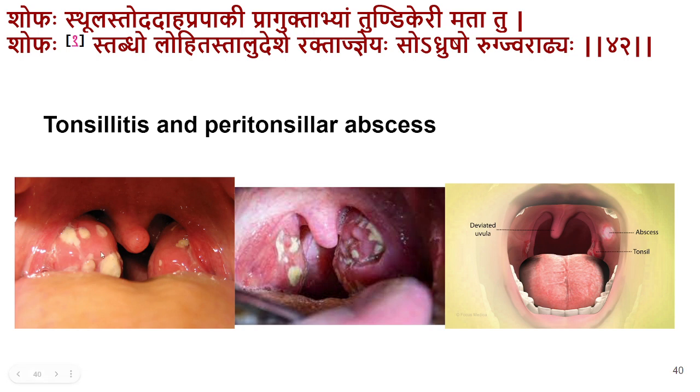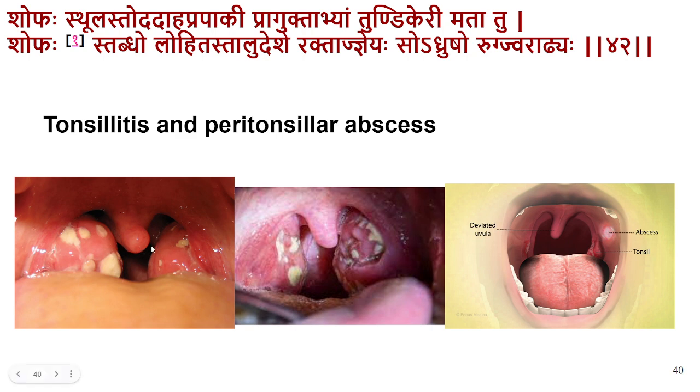There could be pus seen over the surface, or there could be accumulated pus around the area outside the tonsils also. The difference between a tonsillitis and a peritonsillar abscess is that in the peritonsillar abscess, the pus is accumulated around the tonsils, and it results in a shift of the uvula towards the opposite side. A tonsillitis may not result in a shift of the uvula.